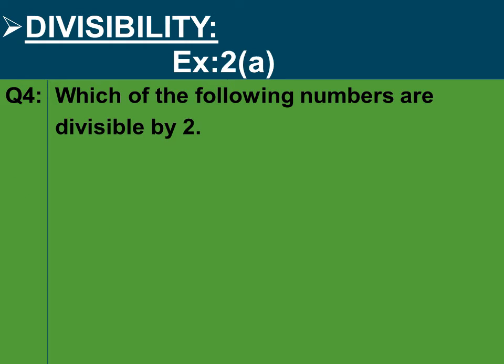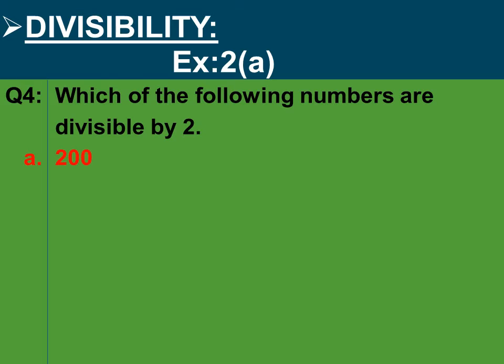Now chapter 2, exercise 2A. Question number 4 is: which of the following numbers are divisible by 2? We will start from part A. In part A, dear students, we have a number having 3 digits, that is 200.